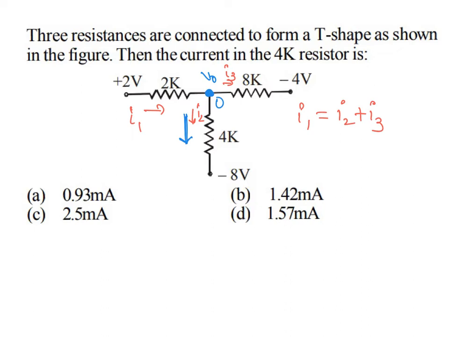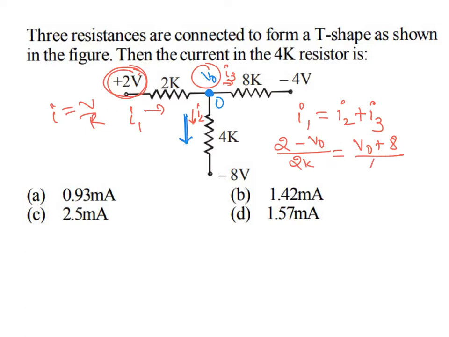You know that I equal to V divided by R. I1 is the potential difference from this point to this point, that is 2 volt minus V naught divided by 2K, equal to I2, which is V naught minus of minus, that is plus 8 volt divided by 4K, plus I3, which is V naught minus of minus 4, that is V naught plus 4 divided by 8K.